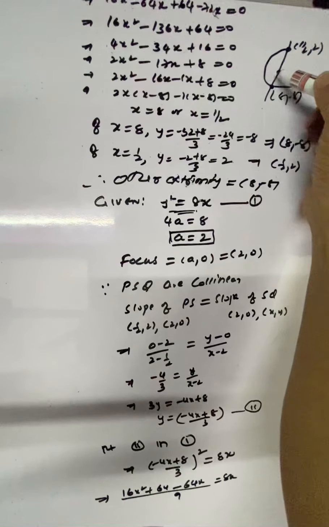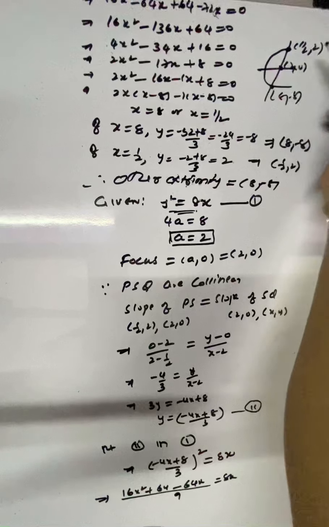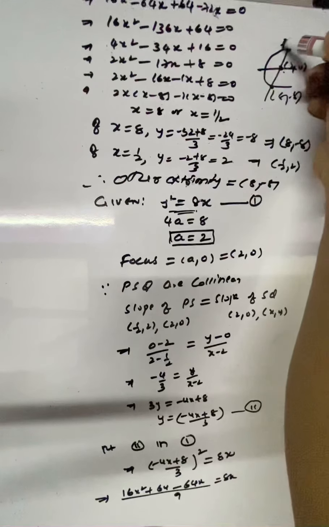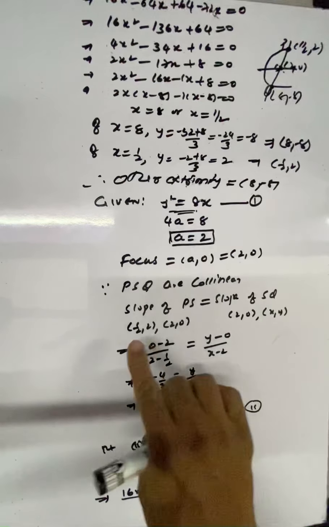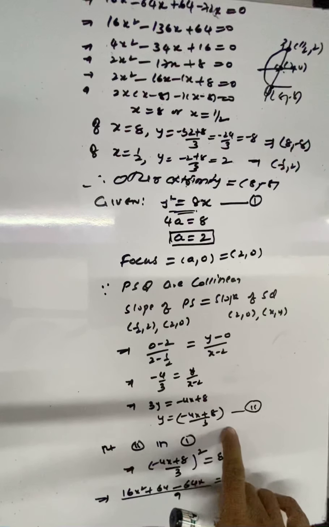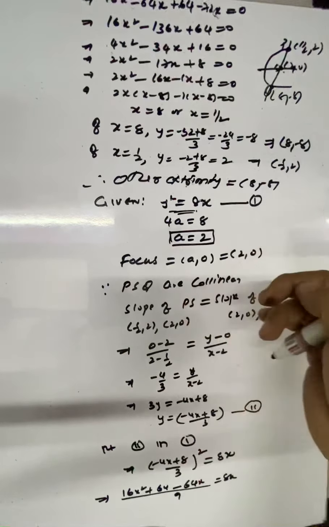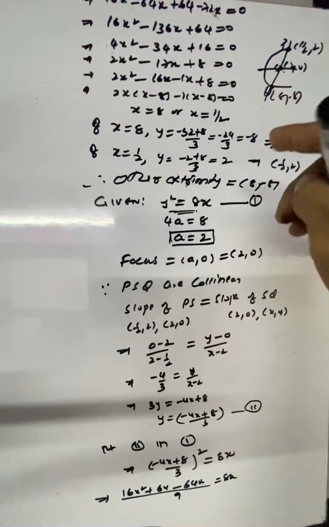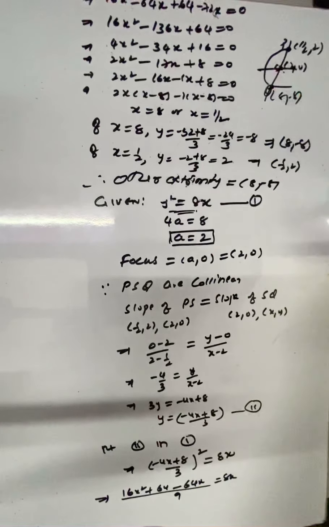We have to find the focus. We take one extremity and the focus. They are in a line, P, S, Q are collinear. Then we equate slopes. We got one equation. Whatever equation we got, we substitute in the parabola. We got the points of intersection, 2 points. So once we have 2 points, whichever is missing, that is our answer.